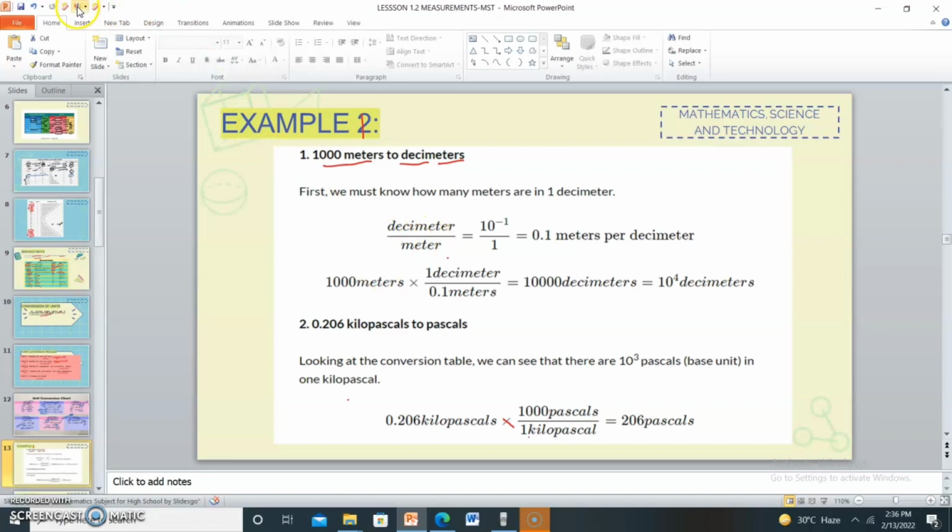So, make sure when you convert meter to decimeter or any base unit, that the original units, and this is the desired units.